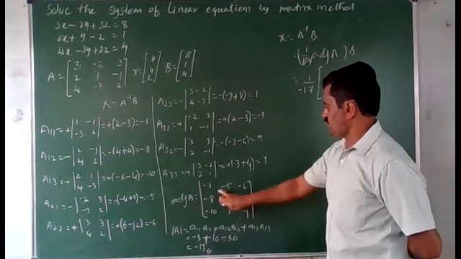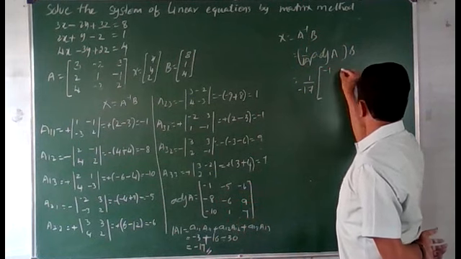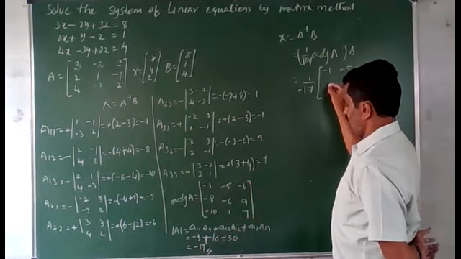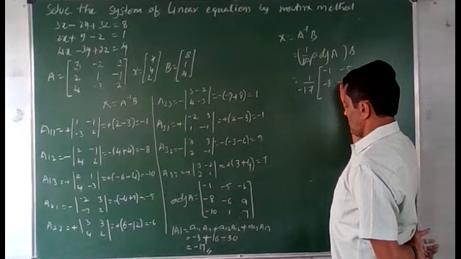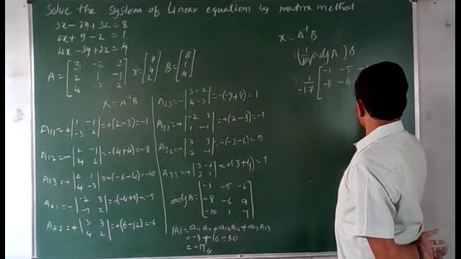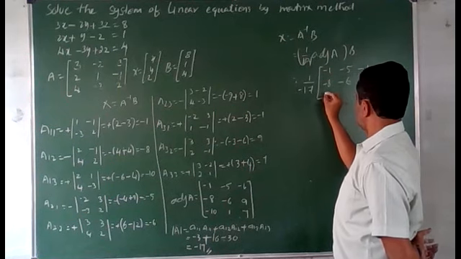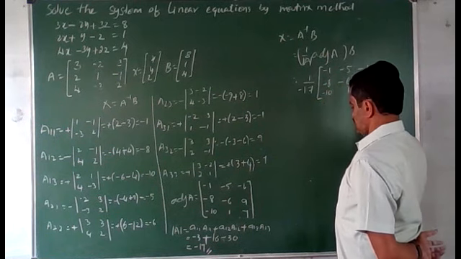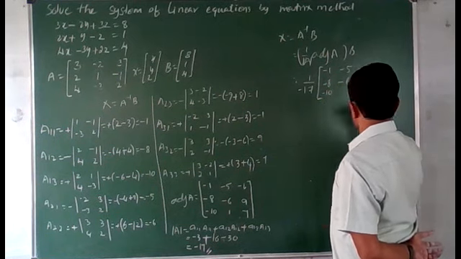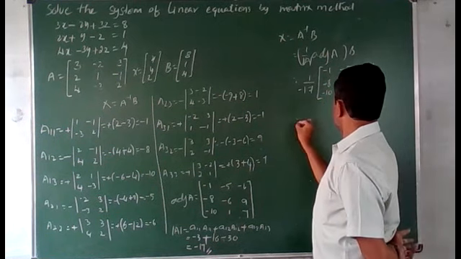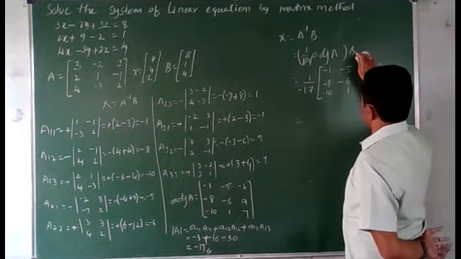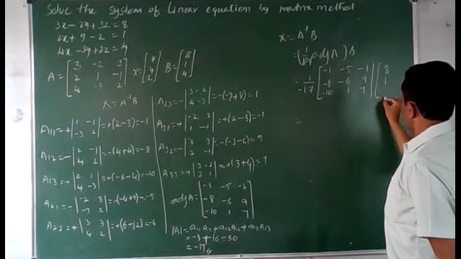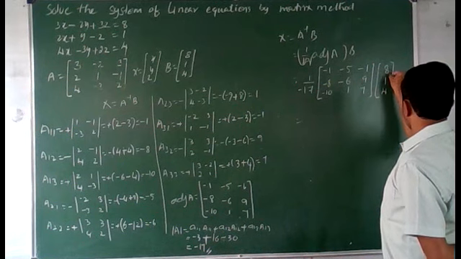We have it here: minus 1, minus 5, minus 1, then minus 8, minus 6, 9, then minus 10, 1, 7. Into what? The B matrix. What is the B matrix? That is the constant matrix, 8, 1, 4.